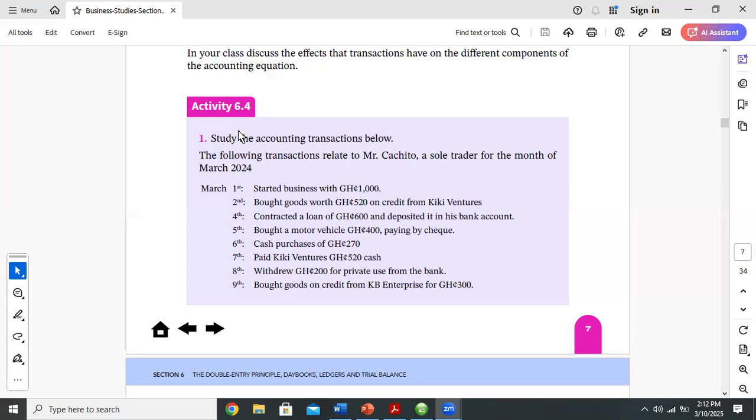Okay, great. I see a question there for me. Will you get in trouble if you don't return excess stock? Well, if you don't return it, you will definitely pay for it, isn't it? Like you go to a chop bar, you order rice 5 cedi, macaroni 2 cedi, no fish.